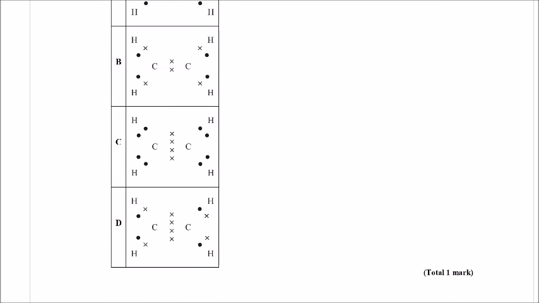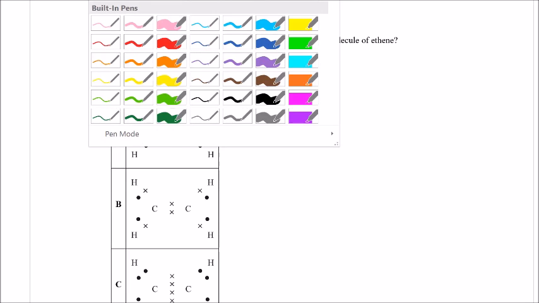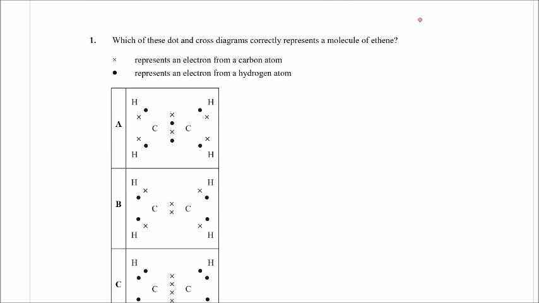So just to start off, question 1: which of these dot and cross diagrams correctly represents a molecule of ethene? Now it's important to remember here that it has given you a little description of what the crosses and dots mean.